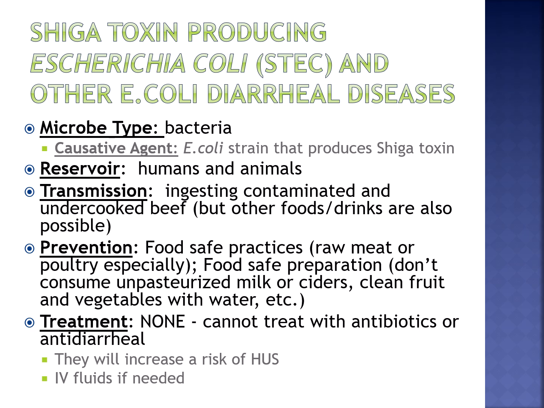Transmission is ingesting contaminated or undercooked meat, but food and drink are also possible transmission as well. It's just contaminated products with this E. coli that has the Shiga toxin, specific strain of E. coli.